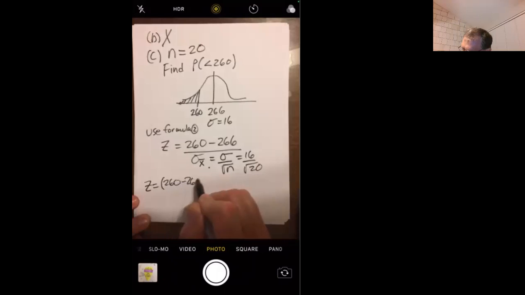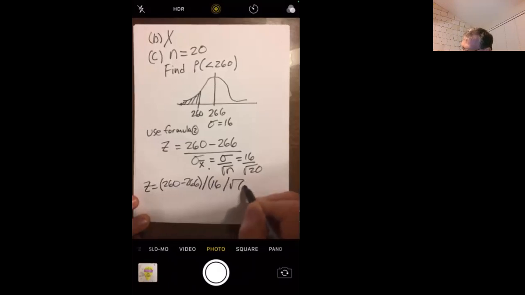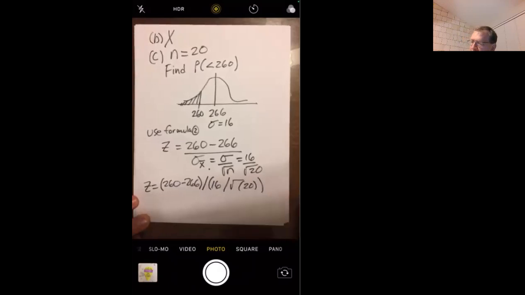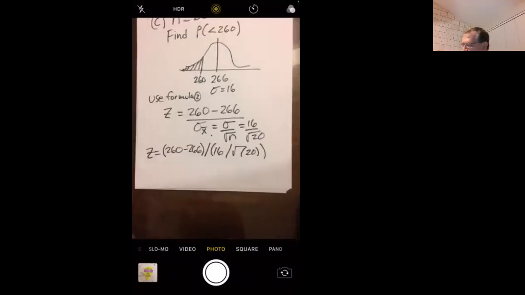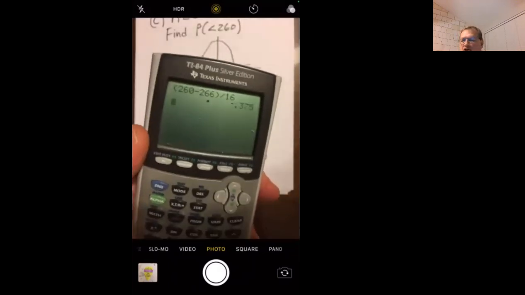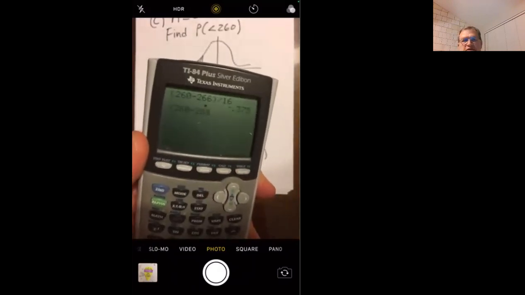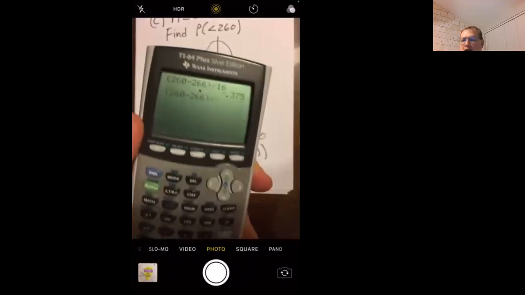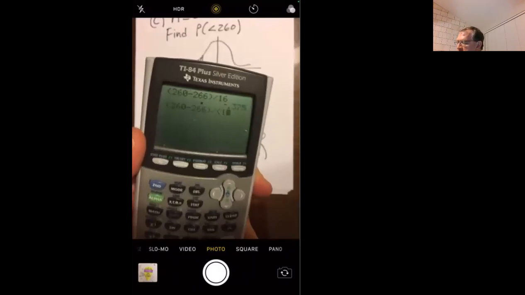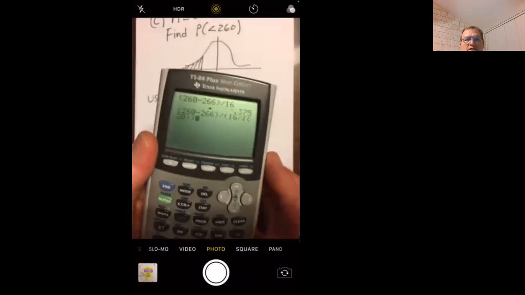260 minus the 266 divided by another parentheses, 16 divided by the square root. I think the calculator has parentheses around that 20. So it looks a little tough, but it really isn't once you get used to it. I could call it back and just use the throw, but I'll just punch it from scratch. 260 minus 266, close, divided by another parentheses, 16 divided by the square root of 20, close, close.